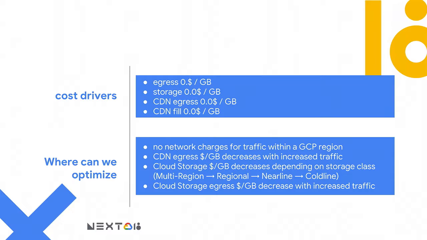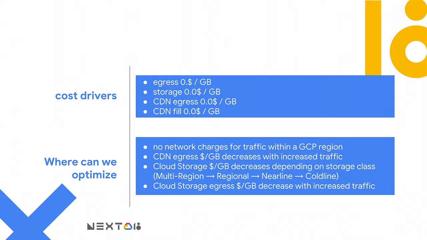For a small installation, that is fine, and there will be a low difference between the solutions that you use. But if you go to a larger scale, then egress actually goes down depending on the traffic that you have. With increased traffic, you pay less per gigabyte for your egress. And you can only benefit from that if you use Google Cloud Storage.